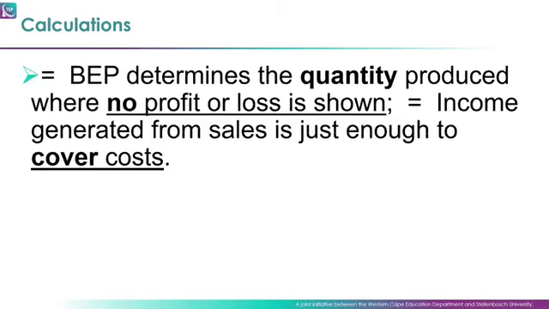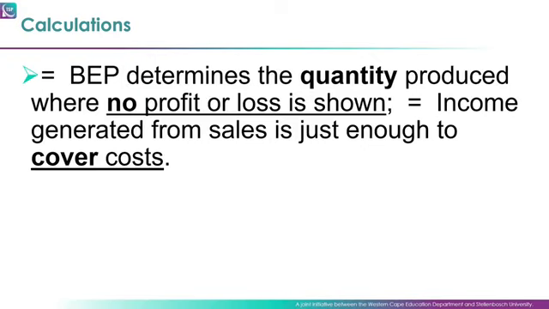There are more calculations, and the very, very important calculation that you must know is your BEP. Now, BEP stands for break-even point. And what does it mean? It means how many items must the business produce in order to ensure that no profit or loss has been made, okay? We just want to make sure that we cover our costs. That's it.